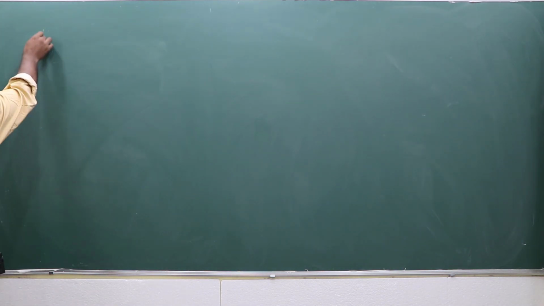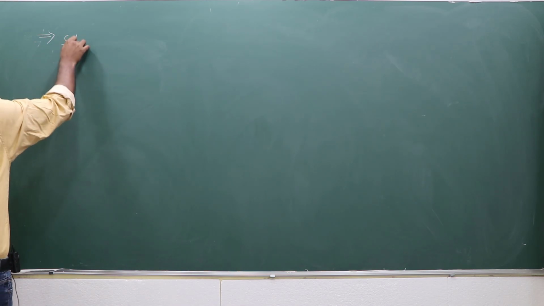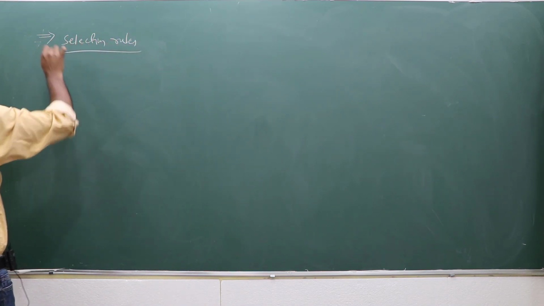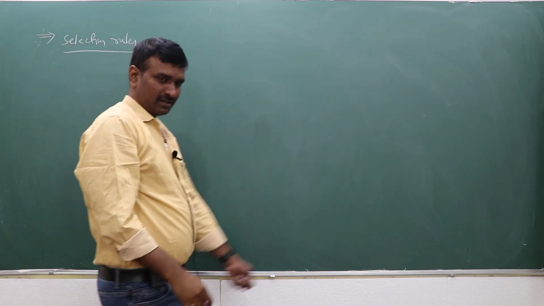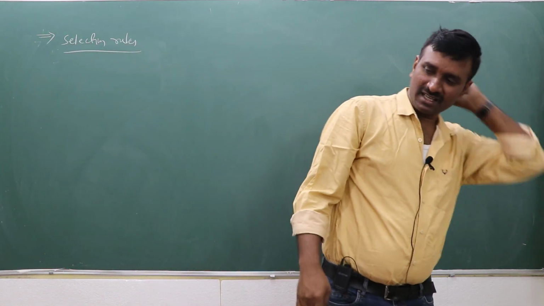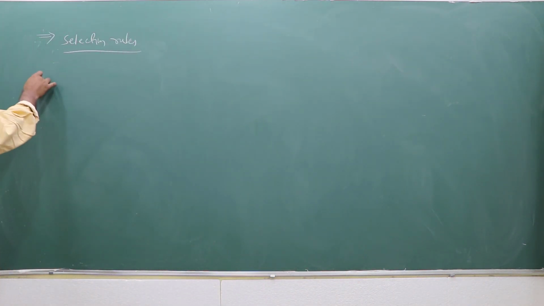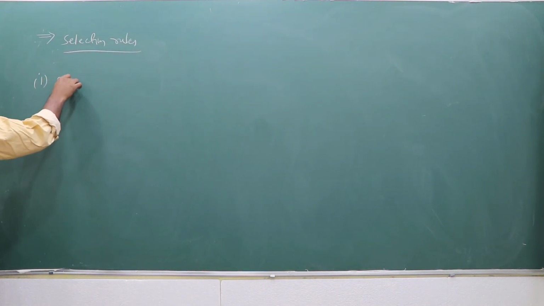So now, the selection rules. For UV visible spectroscopy or electronic spectroscopy, which is the selection rule? Listen. The first one is based on the symmetry criteria.